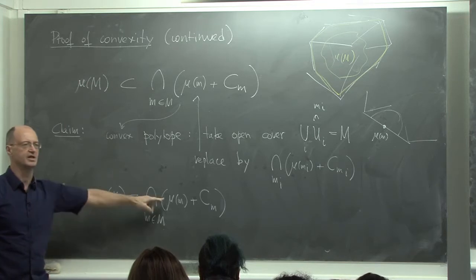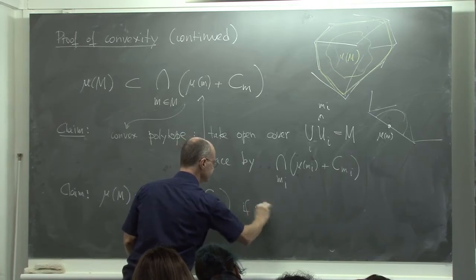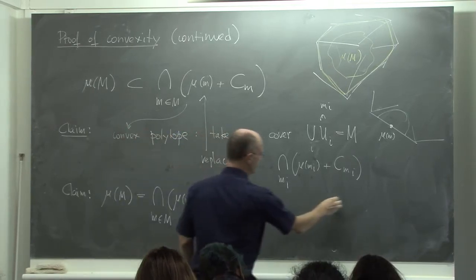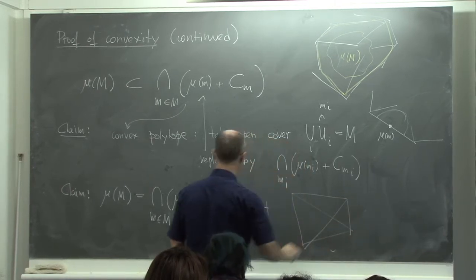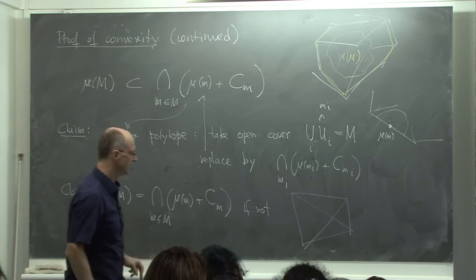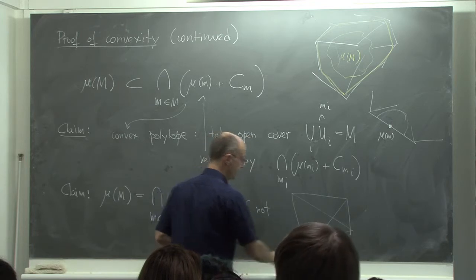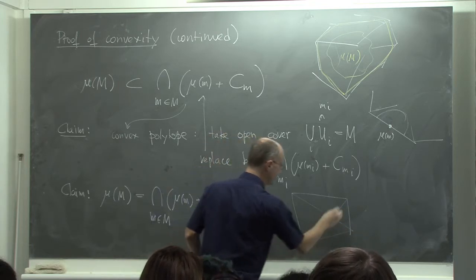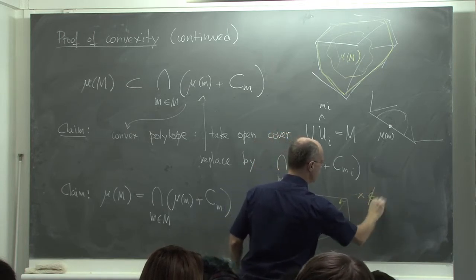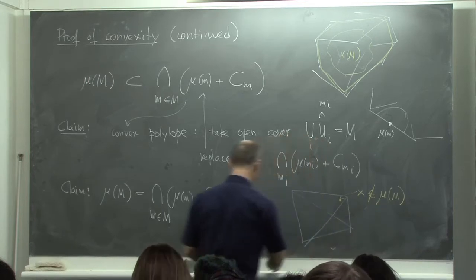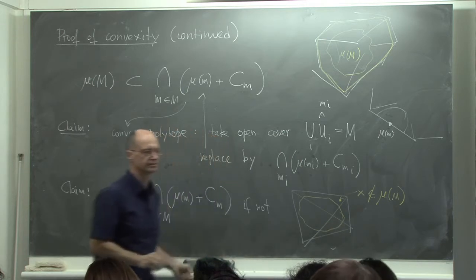So why is that? Imagine if that's not the case. So we have our polyhedral set, that's the right-hand side, and mu of m is compact, and there is a point x which is outside mu of m. So mu of m is somewhere there.